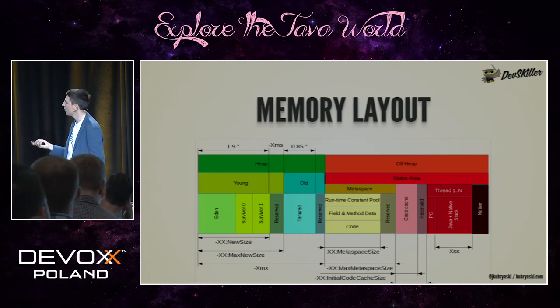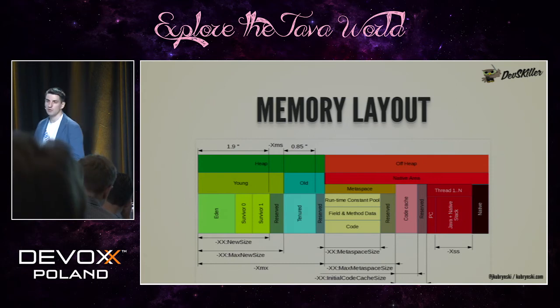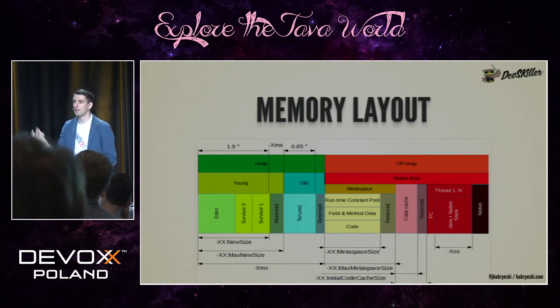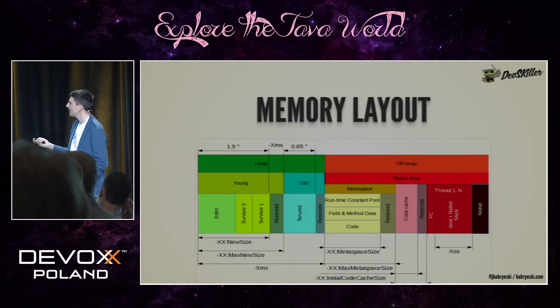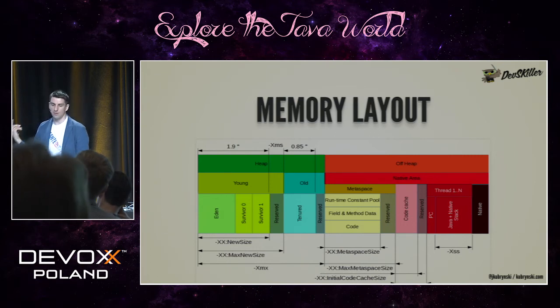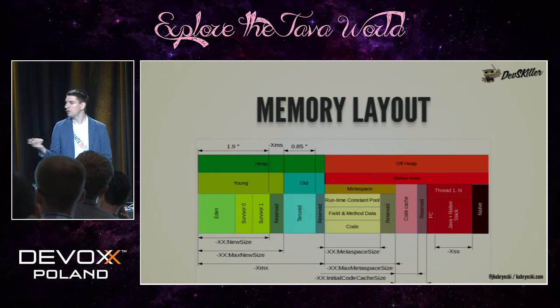Okay. Then you have a code cache, which is a place where the JIT can store its results, and then you have a space for the threads, so the stacks, the program counter, and a lot of native areas. Okay.